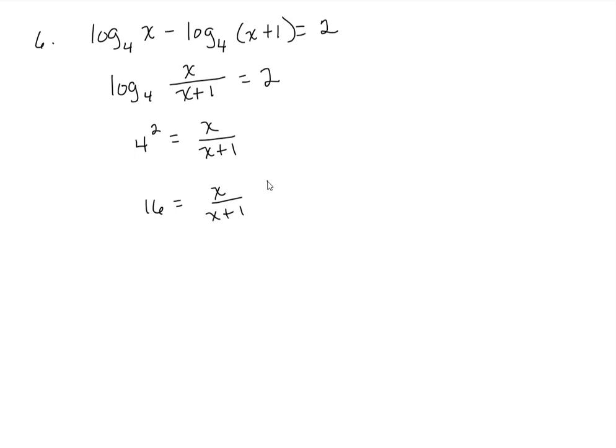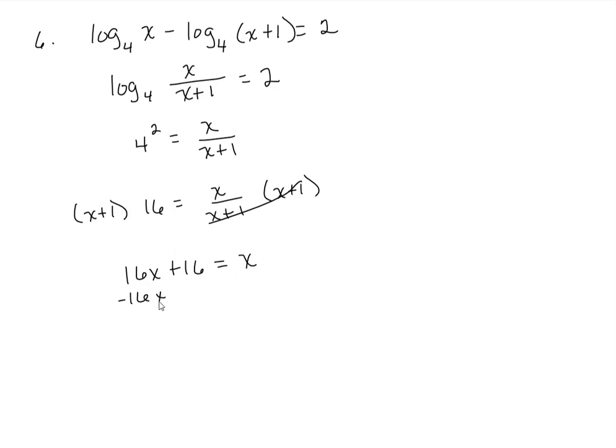This is the type of problem that you learned how to do in intermediate algebra. You need to multiply by the common denominator to get that variable out of the denominator. So this is going to give me 16x plus 16. Over here on the right-hand side, that's going to cancel and give me x.